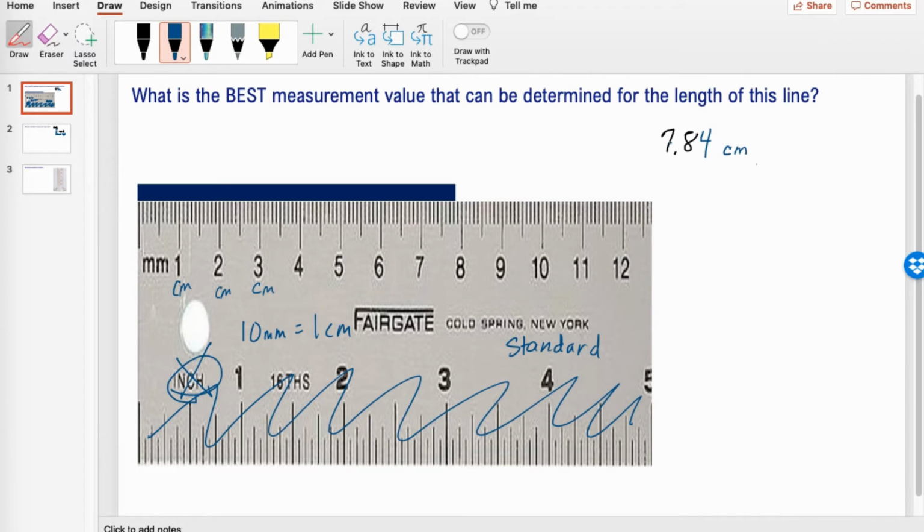Well, we could very easily see that here's 10, 20, 30, 40, 50, 60, 70. So there's 70 millimeters. If 10 millimeters is 1 centimeter, then we could also say this is 78.4 millimeters. Either one of these answers would be a good answer.